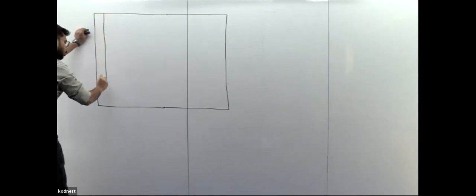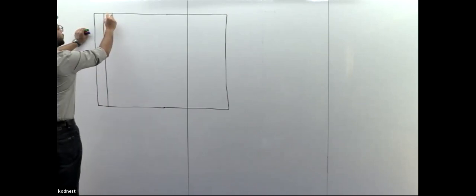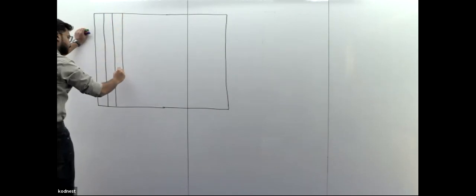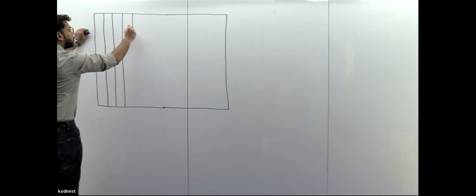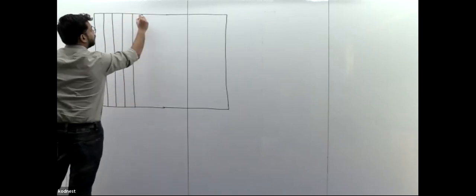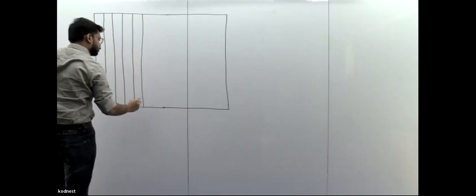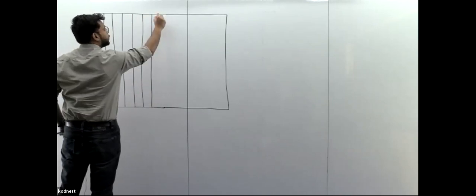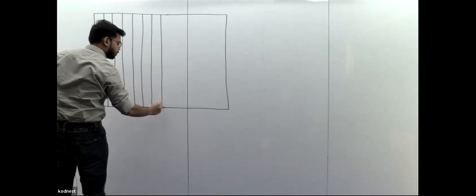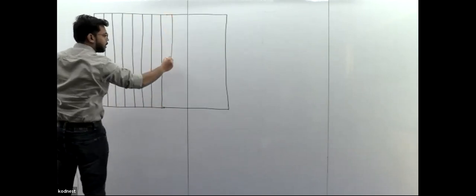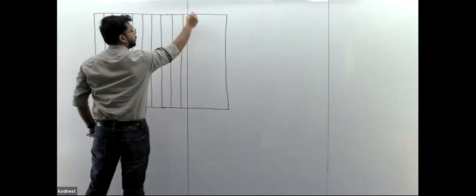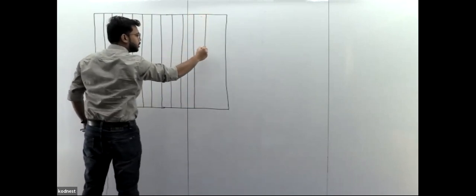So like this I will tell: this is the 0th column, this is the first column, second column, third column, fourth column, fifth column, sixth column, seventh column, eighth column, ninth column, and this I will tell is the 10th column.